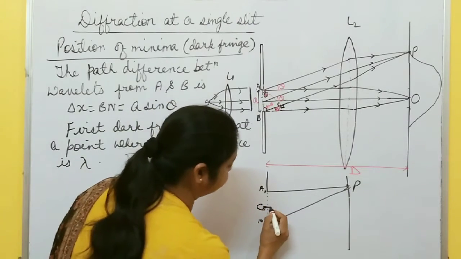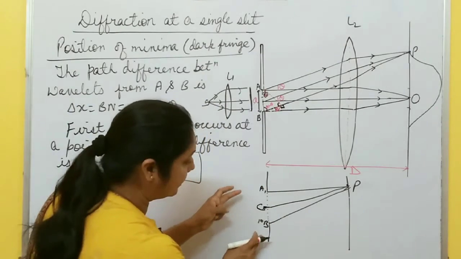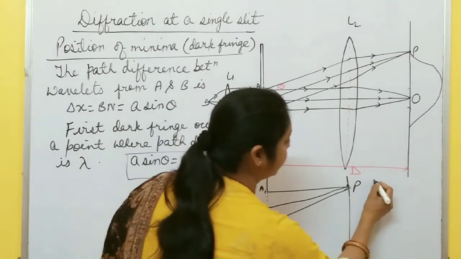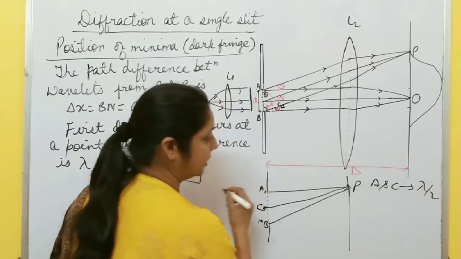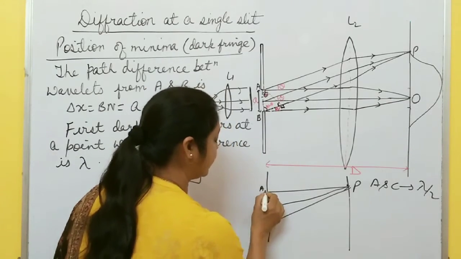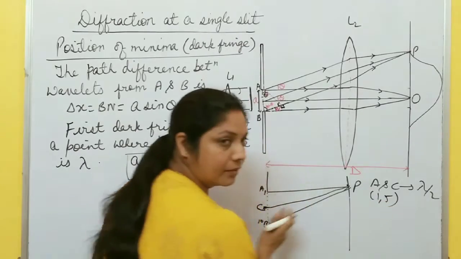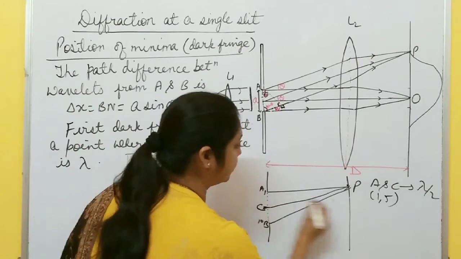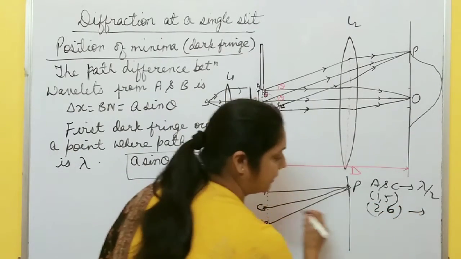Now you find that between A and B, the path difference is lambda. So between A and C, the path difference is lambda by 2. It means suppose here is the first and here is the 5th, so for the first and 5th wavelets, the path difference is lambda by 2. Again 2nd and 6th, lambda by 2.